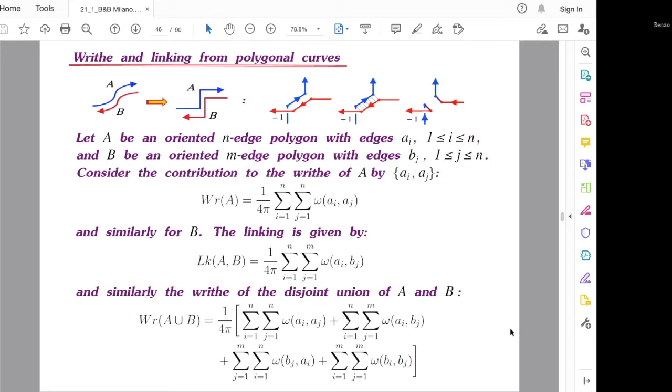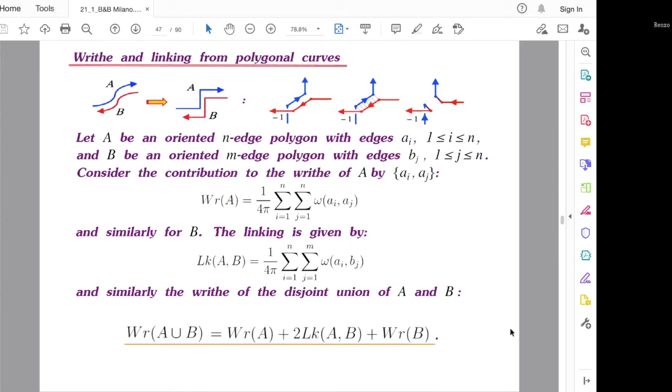So we can come up with this formula. This is a very important formula. The writhe of the union of these 2 curves is given by the writhe of the first curve, the writhe of the second curve, plus twice the linking number between these 2 curves.